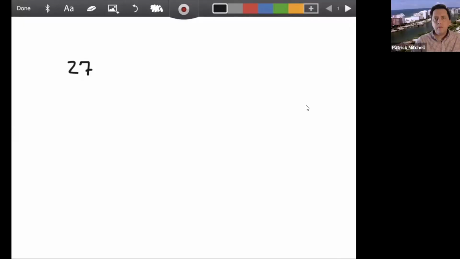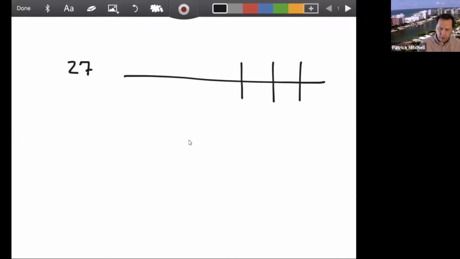Okay, so let's see. Where is my screen? Okay, so we're trying to convert the number 27 to base 2. So the first thing I'm going to do is set up my base 2 system. And maybe I don't know right ahead of time how many numerals it's going to take to write this number in base 2.